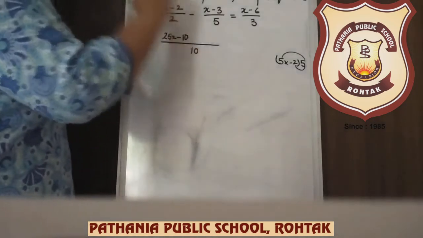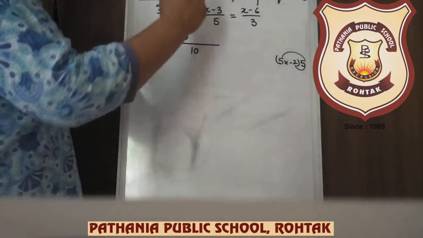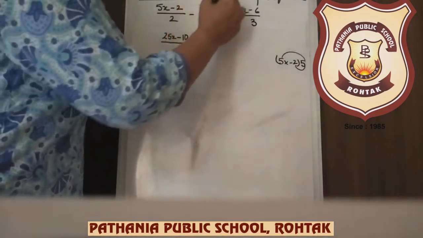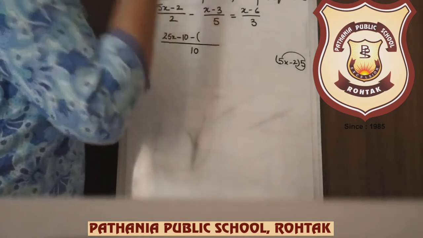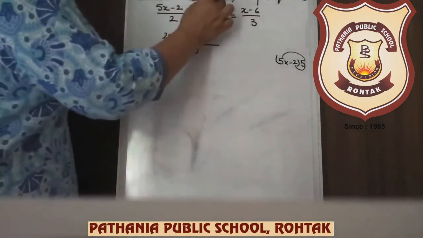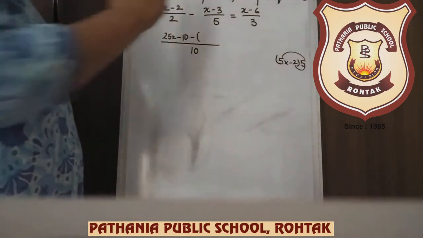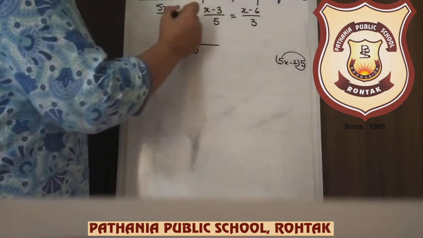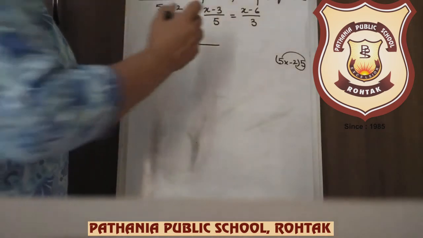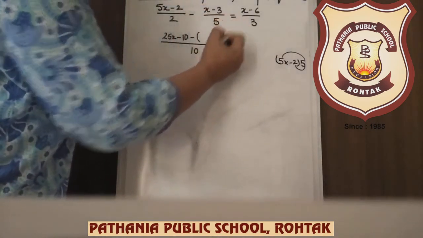Now you have to be very careful with this negative sign. This is a subtraction sign. So write minus over here and put the rest of them in the bracket. Whenever there is a negative sign like this in between two fractions, first put the rest of these in the bracket. Is this clear? Now here 5 is to be multiplied with 2 to get 10.